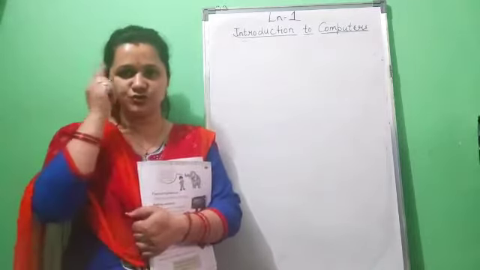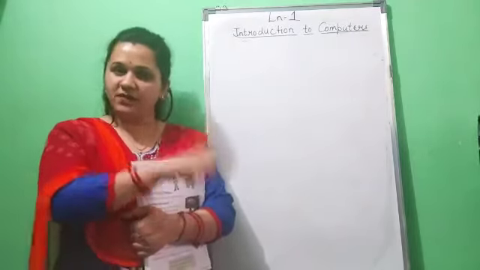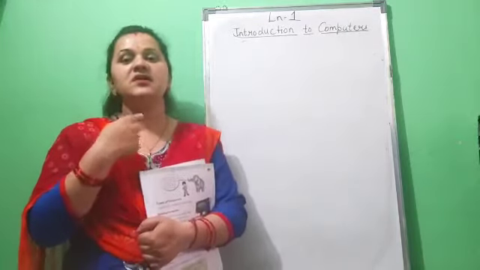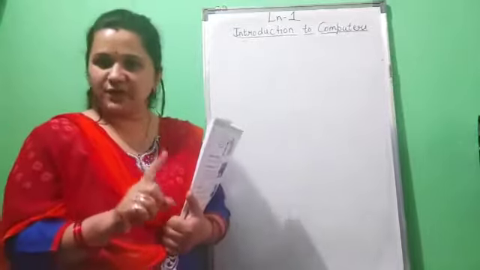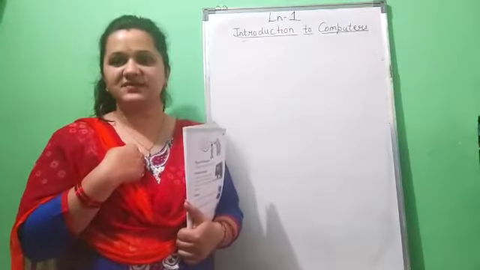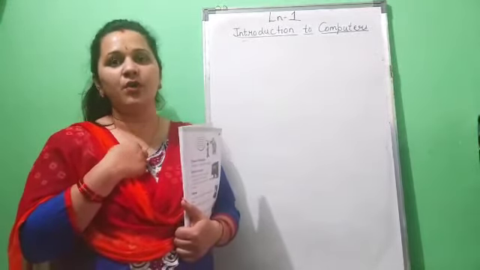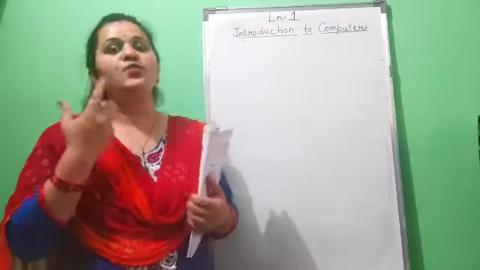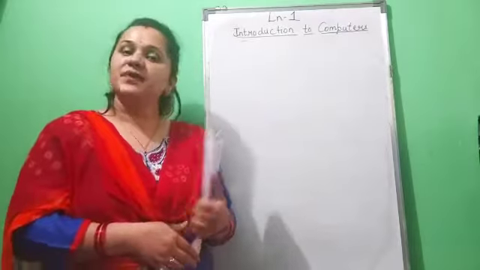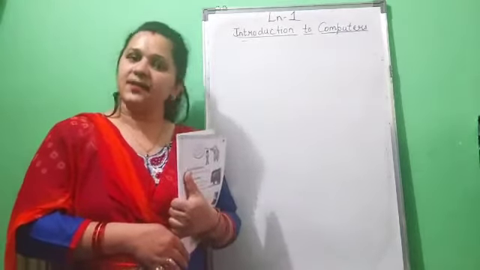Otherwise, it will not use a brain of its own. It will work according to the instructions given by humans. So a computer cannot decide on its own, but we humans can. We know how, when and why to do things. So there is a difference between humans and computers.